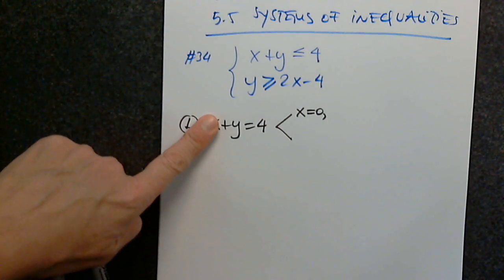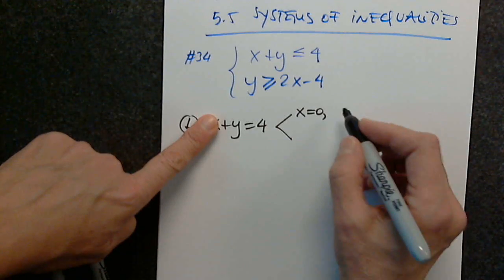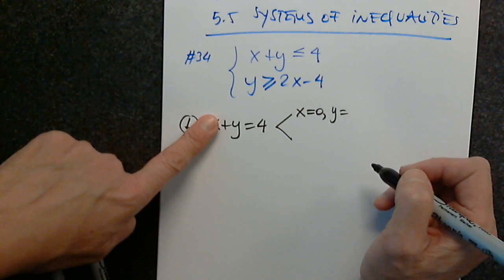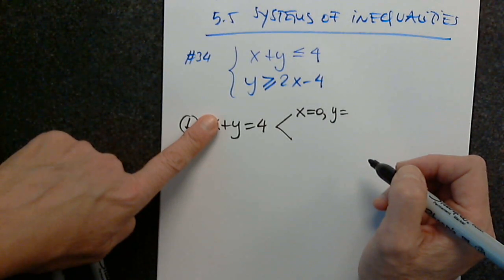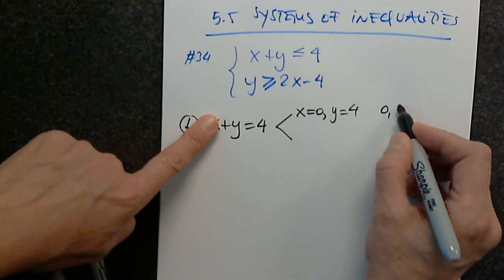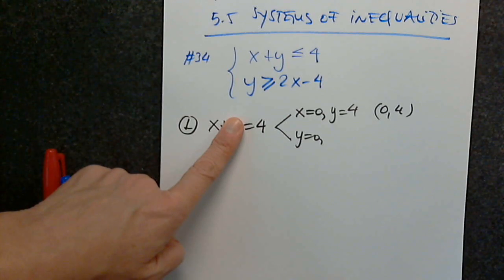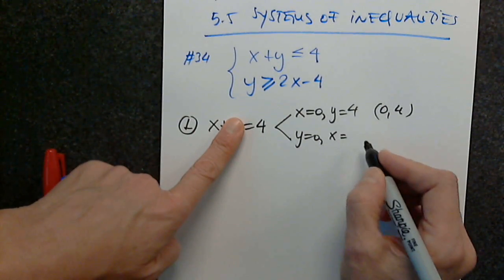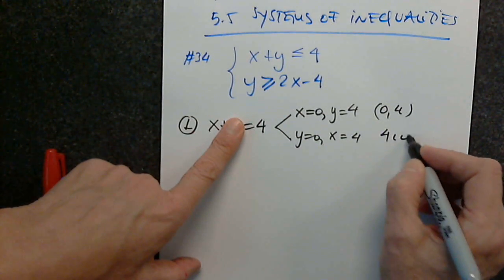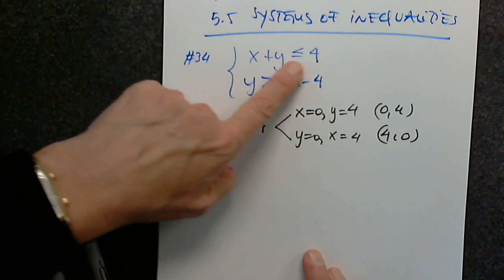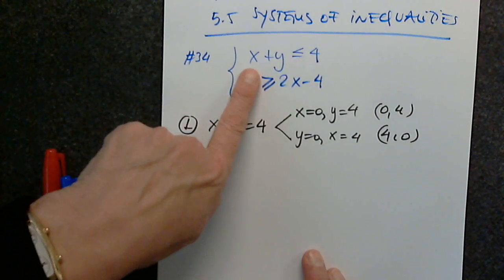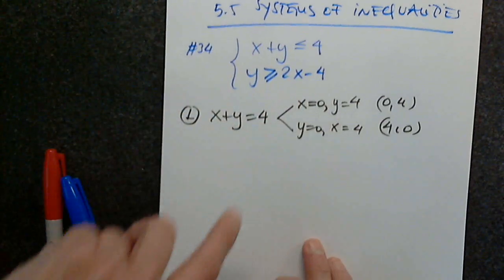When x is 0, how much is y? Very good. So we have 0, 4. Obviously, when y is 0, how much is x? Good. So I have the equation that corresponds to this inequality.